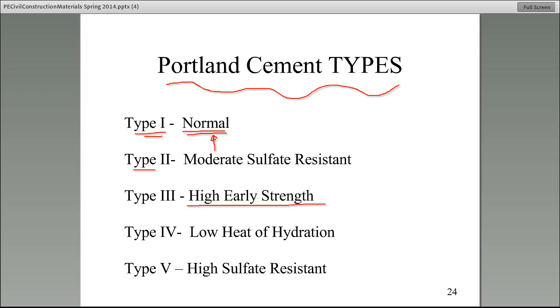Or it could be even sooner than that. So early on, it achieves a high strength value.